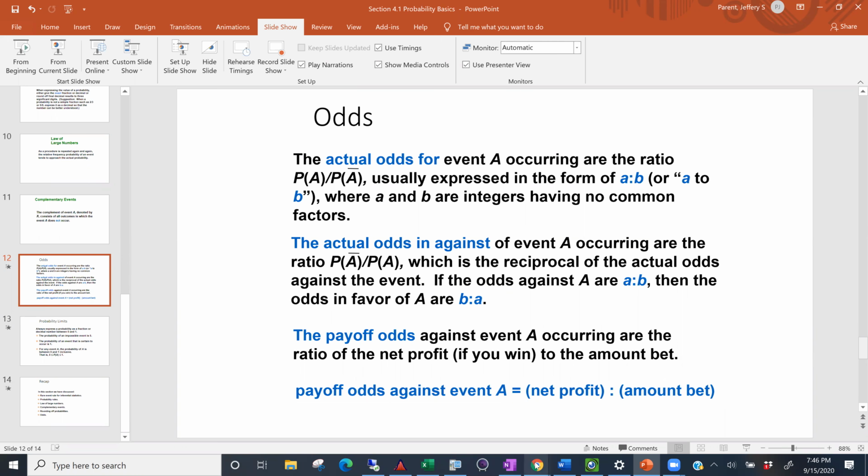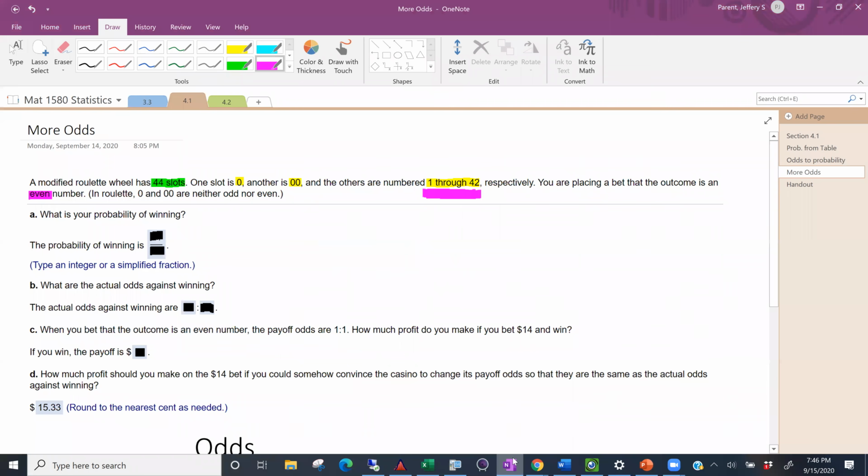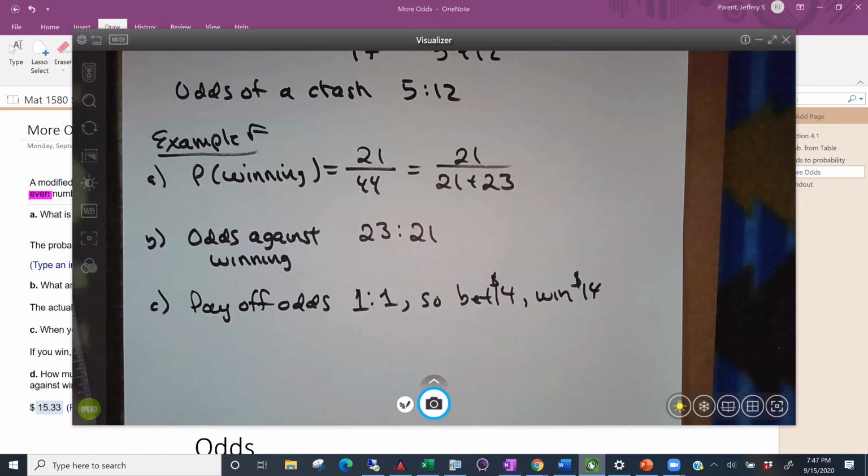Now, let's say that you could convince the casino they should really pay you not the payoff odds, but the actual odds against winning. Those actual odds against winning are something we just calculated, and they were 23-21.